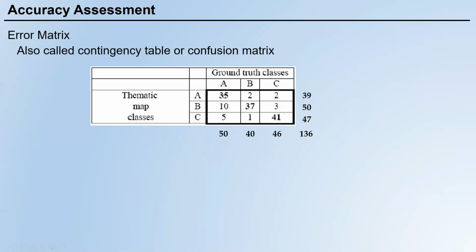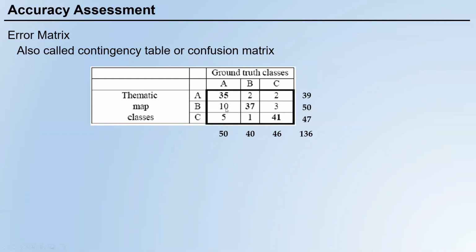In the real world, these 35 pixels are class A. So 35 at the intersection of column A and row A means that these 35 pixels are correctly classified. They are classified as A in the image, and they are class A in the real world. These 35 pixels are good. So you understand the logic here?